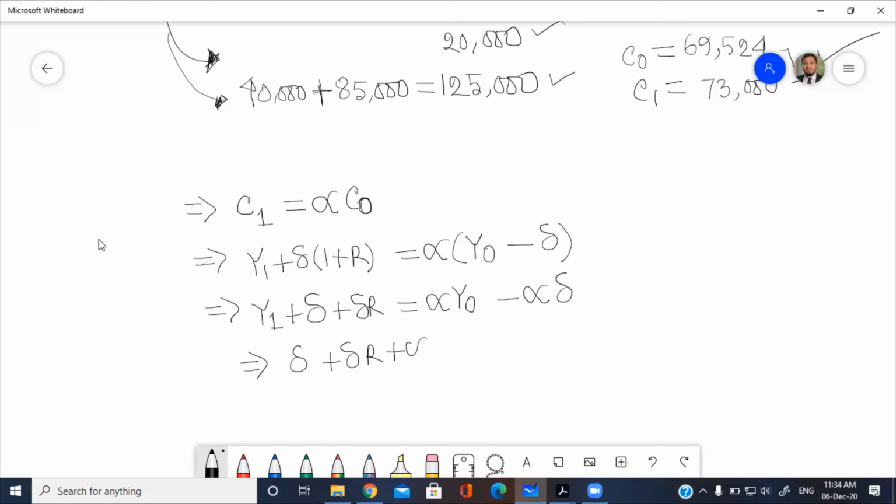Now if I take the delta terms to one side, and the income terms to the other side, it is already here: alpha y naught minus future period income y1. Is it possible to take delta common here?